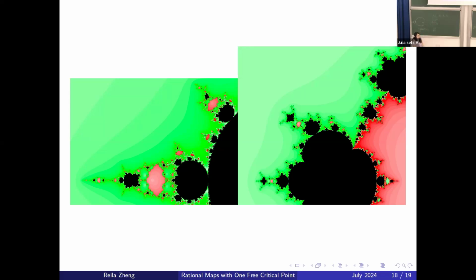And the reason is when you do this renormalization, like this first return map, you swap the orientation of the 0 and the alpha. So the rays that would be obstructed, in terms of which external rays persist, are the ones that will land on the interior of this disk.